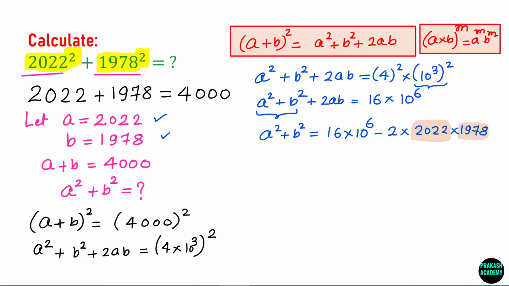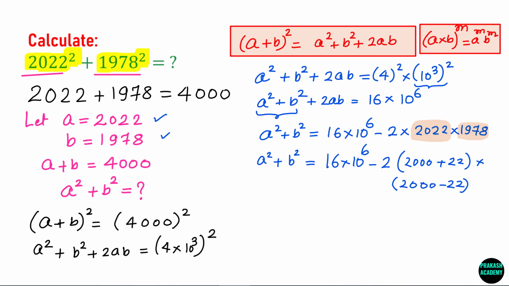So with this I can write A square plus B square equals 16 into 10 to the power 6 minus 2 times (2000 plus 22) multiplied by (2000 minus 22).